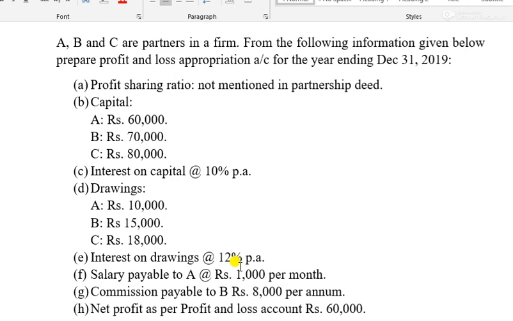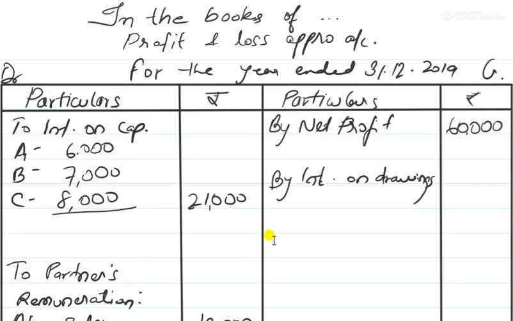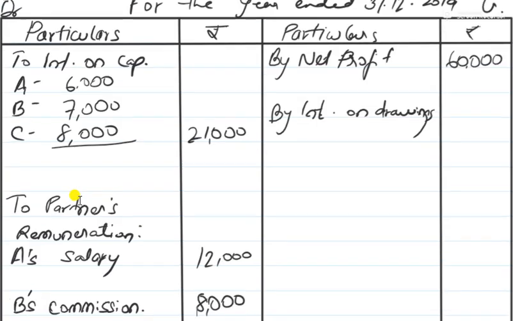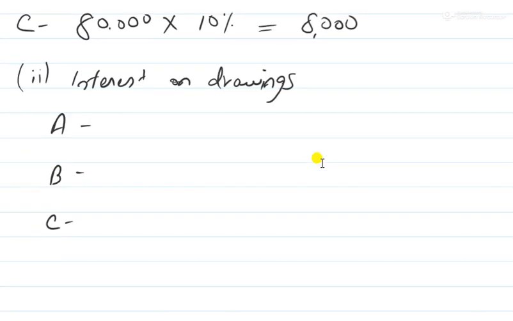However, in the case of commission, it was given for the whole year. He was given it only one time, meaning he was given only 8000 throughout the year. So 8000. Next, before calculating the share of profit, we have to deal with the credit side, which is interest on drawings. So let's do the working for interest on drawings.